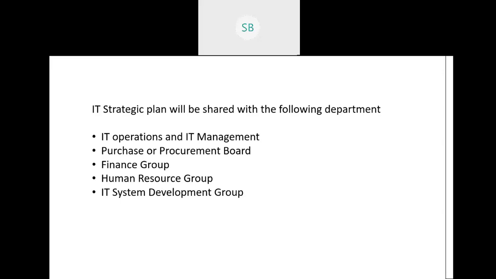All these things need to be done in IT operations. Since we have this IT strategic plan, when a goal is created, this department is affected, because the IT operations and IT management team handle all these processes: how it will impact the business, and how the maintenance should be done. Maintenance is very important in SDLC also.